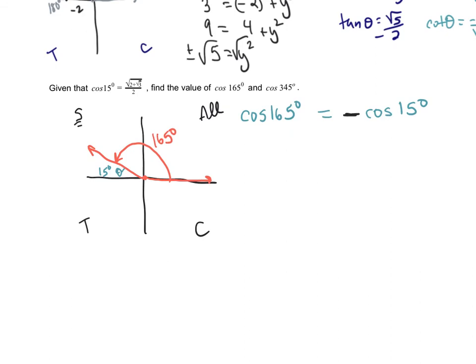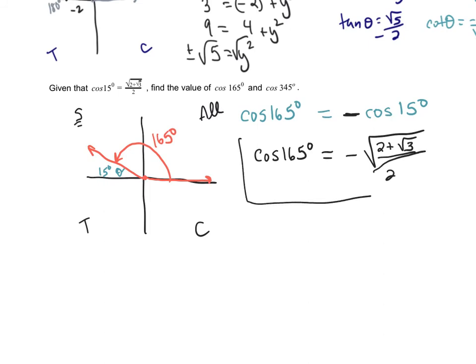So in this case, cosine of 165 would have to be negative. So the cosine of 165 is negative cosine 15, but cosine 15 is the square root of 2 plus the square root of 3 all over 2, with the 2 on the outside of the radical. So if you tell me the cosine of the reference angle, since I know cosine has to be negative in that quadrant, I can find that one.